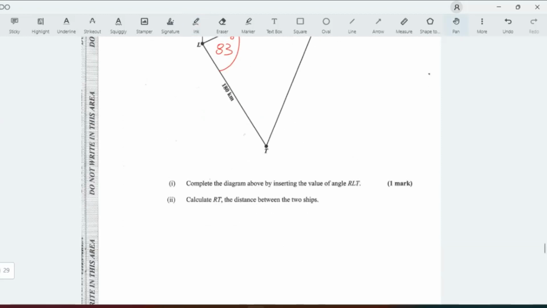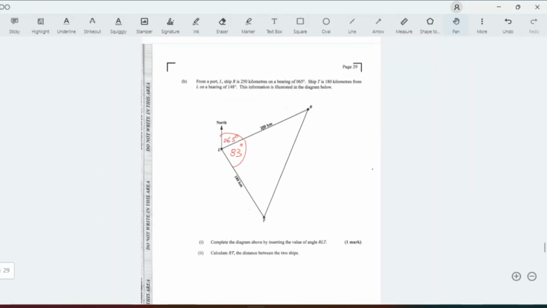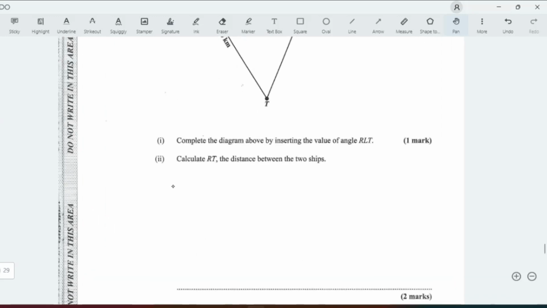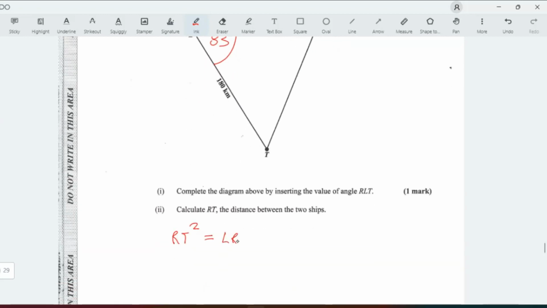Now calculate the length of RT. To find RT, we're going to use the cosine rule. You have this side and this side, you need to find RT. So using the cosine rule, RT squared is equal to LR squared plus LT squared minus 2 times LR times LT times the cosine of theta.